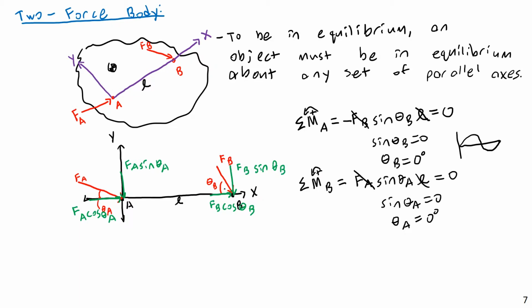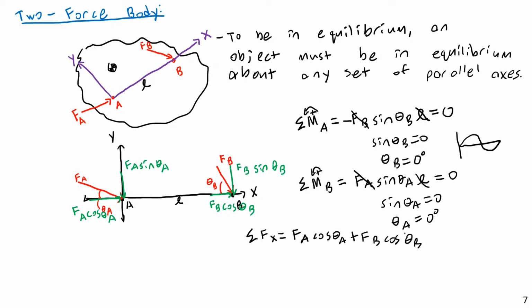Now, we haven't considered yet the direction of these forces. Initially I assumed a direction like this, but if I initially set up Fb going the other way, I would have almost a negative, and even that would cancel out. So let's just go ahead and do a summation of forces in the x direction. In the x direction, I would have Fa cosine theta A plus Fb times the cosine of theta b.